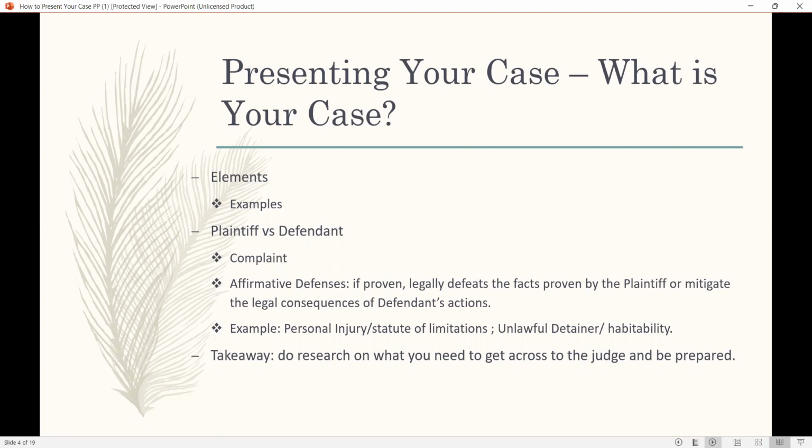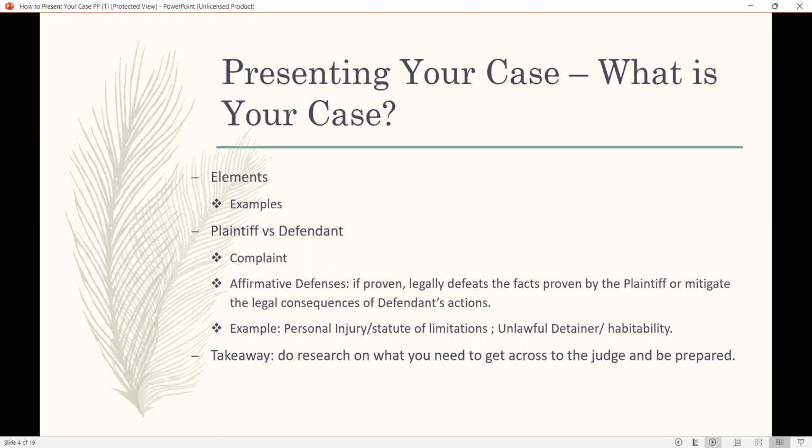The defendant, on the other hand, has to, again, either present evidence that what plaintiff is saying or what plaintiff was able to prove in their case in chief isn't true, or evidence of their own affirmative defenses. And affirmative defenses are things that, if proven, legally defeat the facts proven by the plaintiff, or mitigate the legal consequences of defendant's actions.